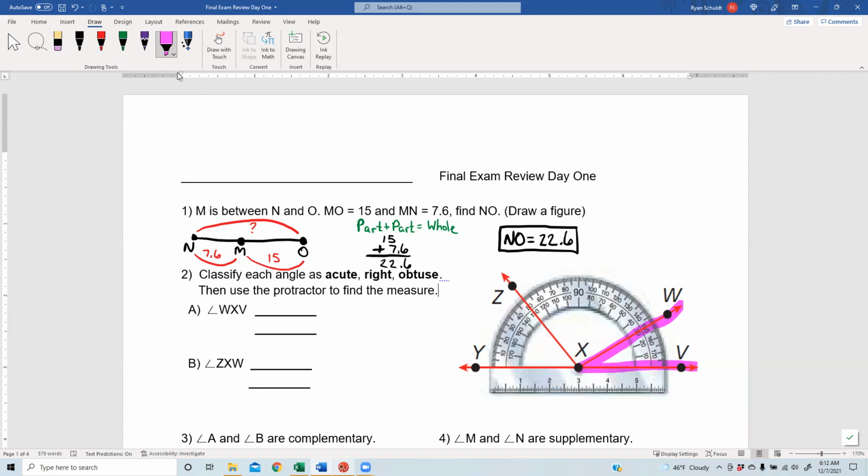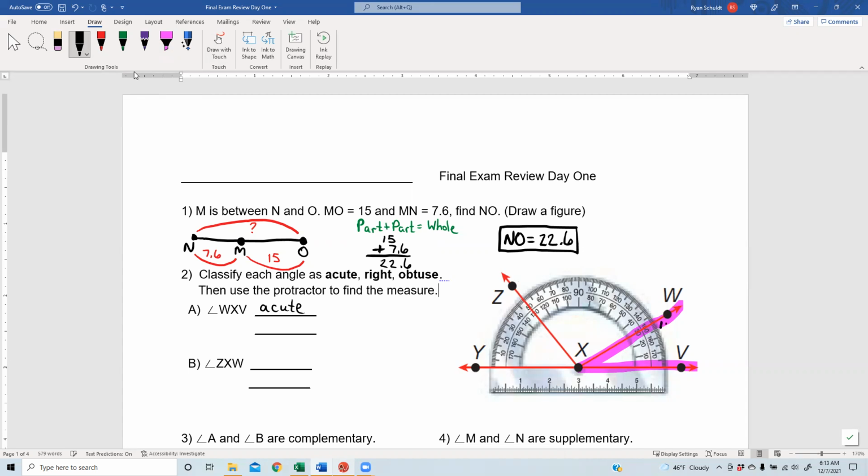So would that angle be acute, right, or obtuse? Certainly looks less than 90. So we're going to say it is acute. Then it comes to measuring the angle. We've got two options.